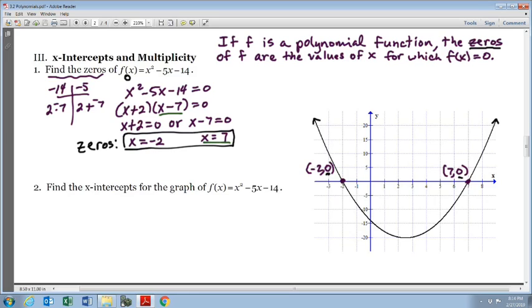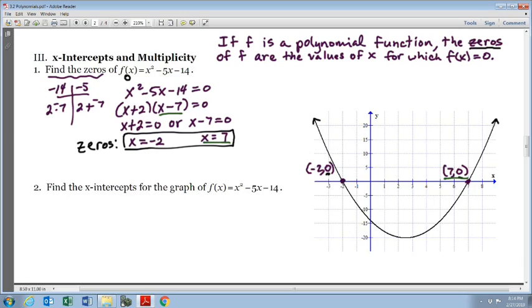And I know if x equals 7 is a 0, then I can say x minus 7 is a factor. So these things go hand in hand. And in fact, if 7 is a 0, then we know (7, 0) is the x-intercept. Just like if negative 2 is a 0, we know (negative 2, 0) is an x-intercept.